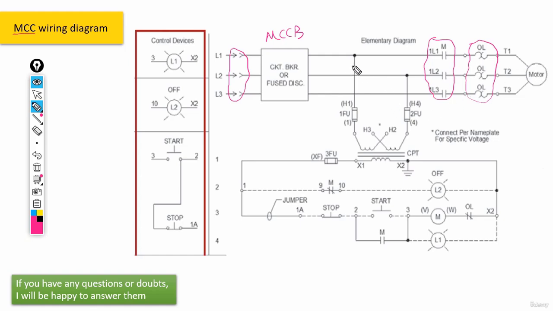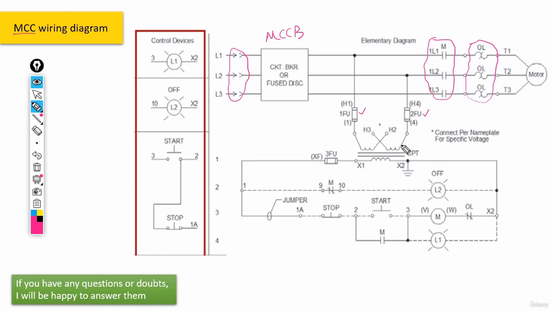Now, guys, as we previously mentioned, we can use two of the three-phase lines like L1 and L2 for feeding the control circuit. We'll get an incoming voltage from these two lines, L1 and L2. Then here we have two fuses, but we can also use one.